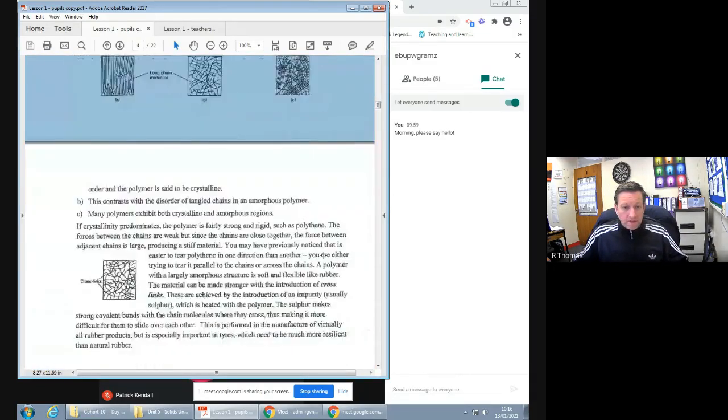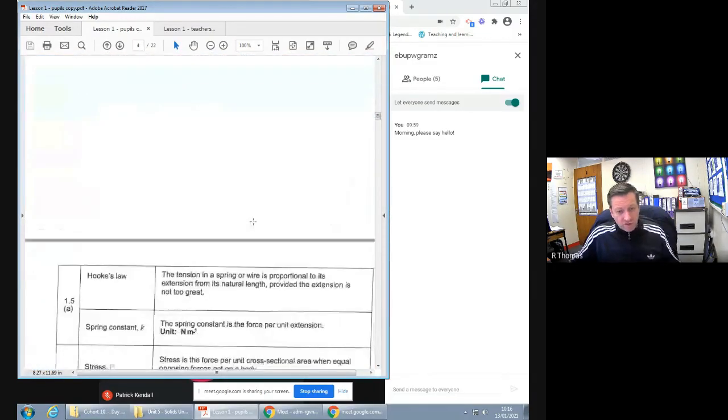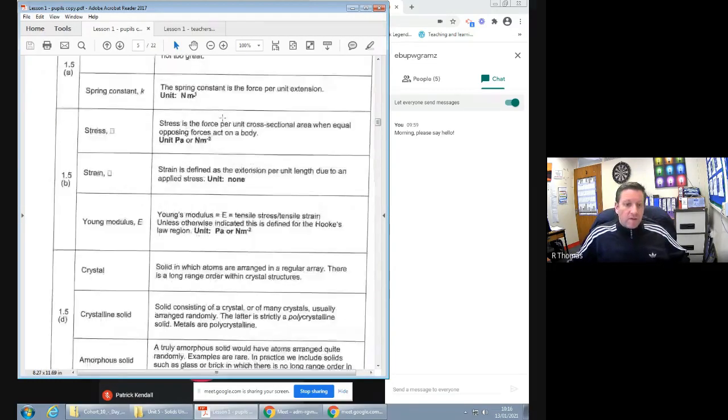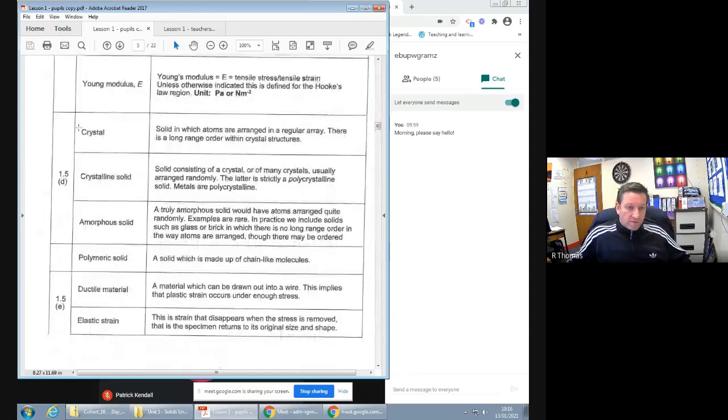Okie dokie. Right, don't worry about the next page. Let's go straight now to page number 4, which is another list of definitions, and we're going to tick them off as we go through the unit. So far, we have discussed crystals and crystalline solids, their molecular structure, their strengths, their weaknesses, the definition of the sharp melting point.